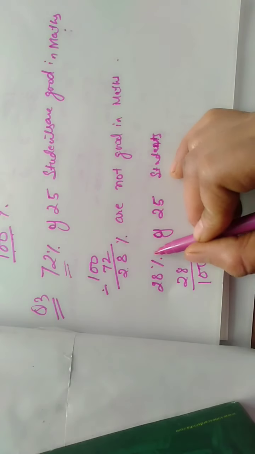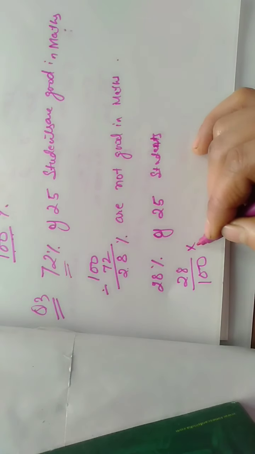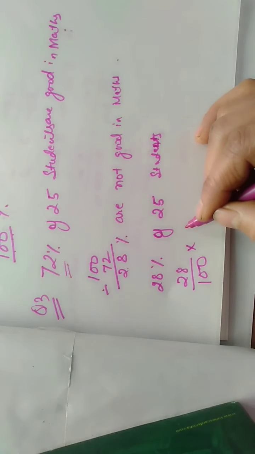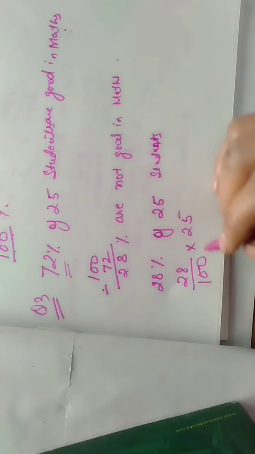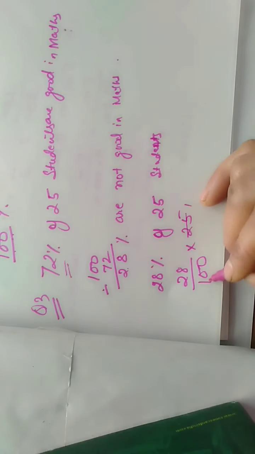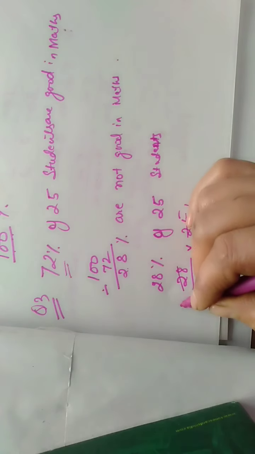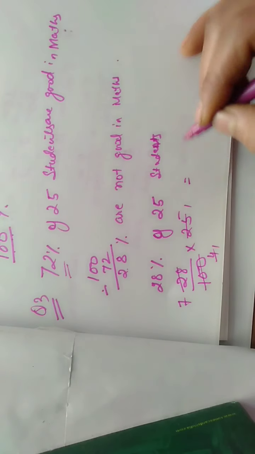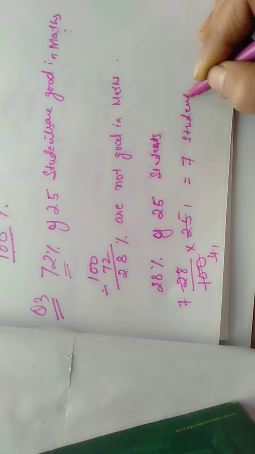The percent sign converts into 1 upon 100, and 'of' converts into the multiplication sign, 25. Now we can solve this: 25 ones are 25, 25 fours are 100, and 4 ones are 4, 4 sevens are 28. So 7 students are not good in maths.